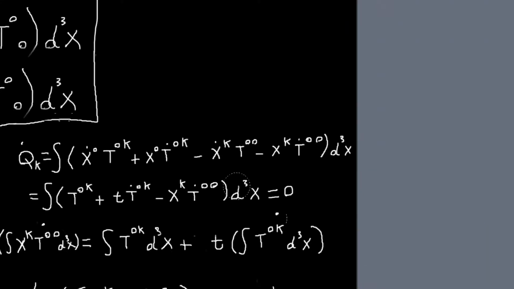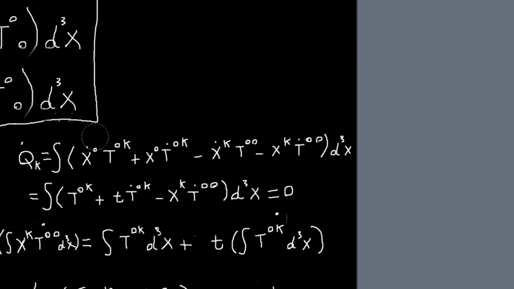And then we'll assume that our conserved charge is conserved. So in other words, we're going to assume that Q dot is equal to 0. So if I do that, I have this expression equals 0. And then I'll rearrange, I'll move this term over to the right.